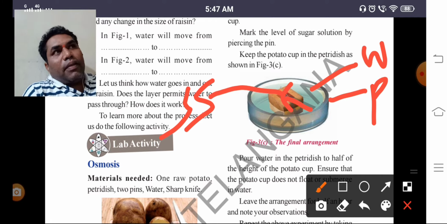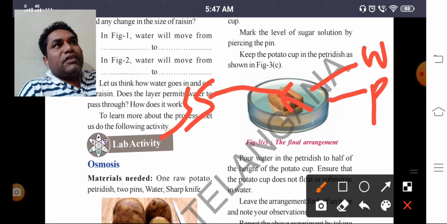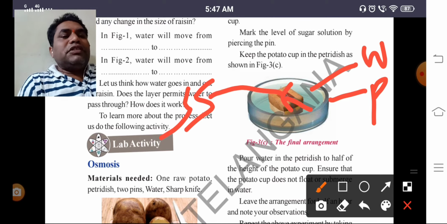The water molecules move from less concentration to high concentration, that is, into the potato, through the cells of the potato. Every cell has a membrane, called the plasma membrane, through which water moves into the potato. This type of movement is called osmosis. Osmos means pushing.